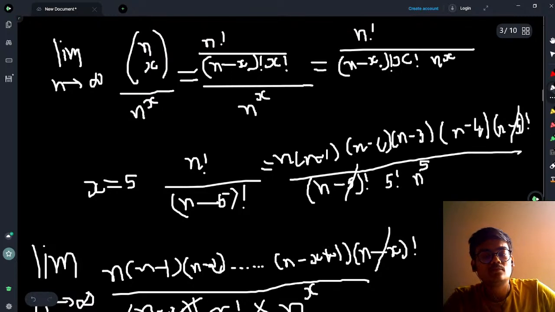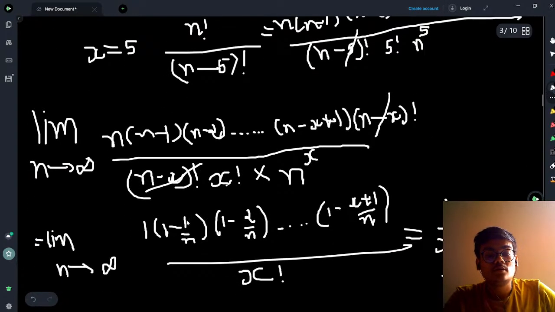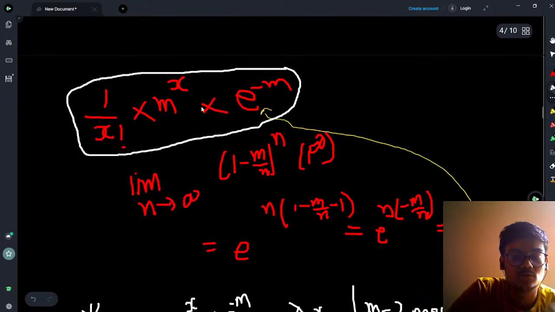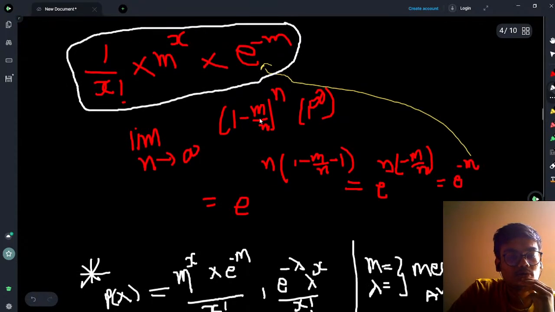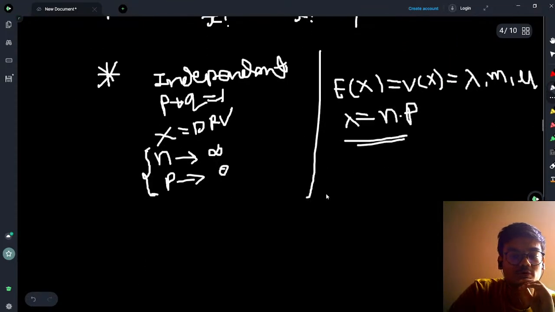We can expand it like this: n minus x plus 1, then give the n raised to x to each n, and after this we get 1 upon x factorial. After solving the other limits also, using limits, we get the answer. What's the answer? e raised to minus m, m raised to x upon x factorial, where x is the occurrence that we have to find. Okay, e raised to minus lambda, lambda raised to x upon x factorial.